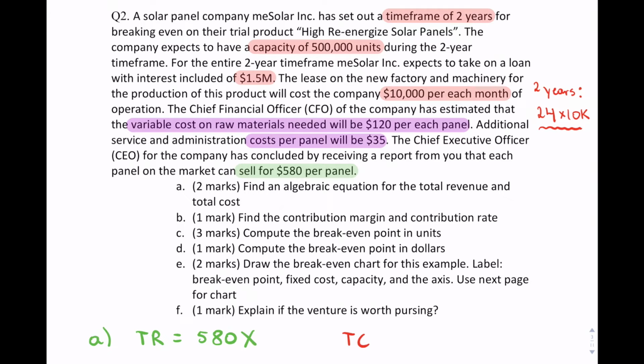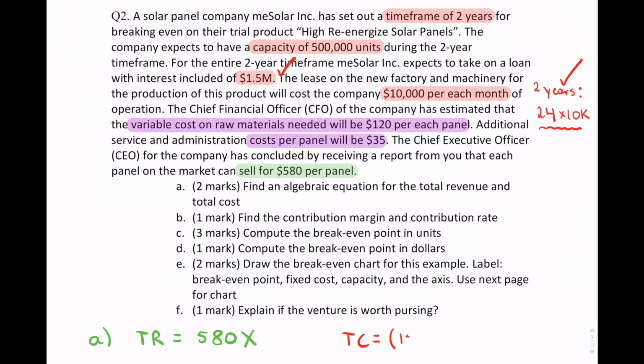Our total cost equals the fixed costs. We have two fixed costs: the 1.5 million, and 24 times 10,000. I'll do that in brackets.